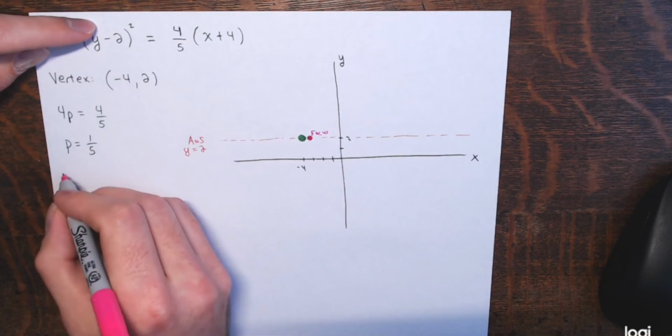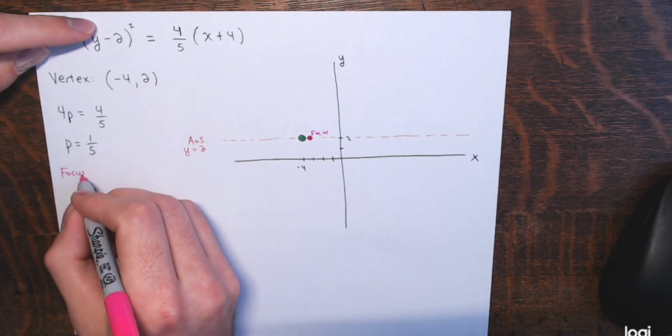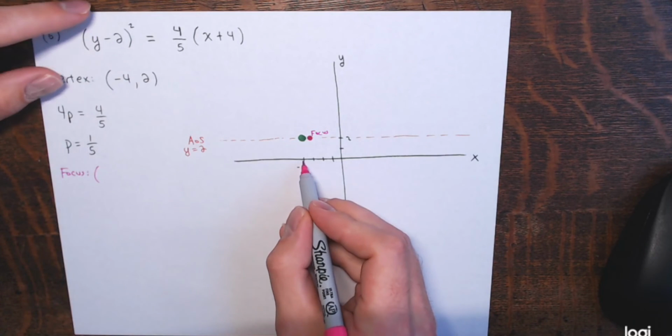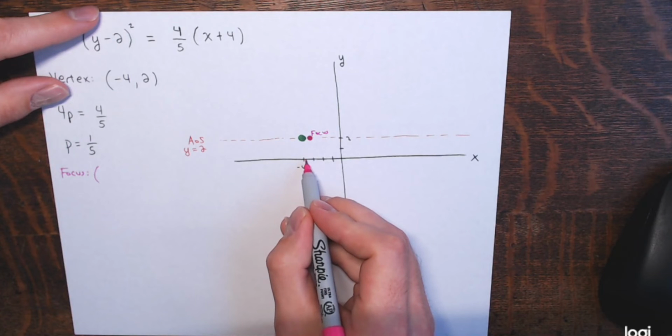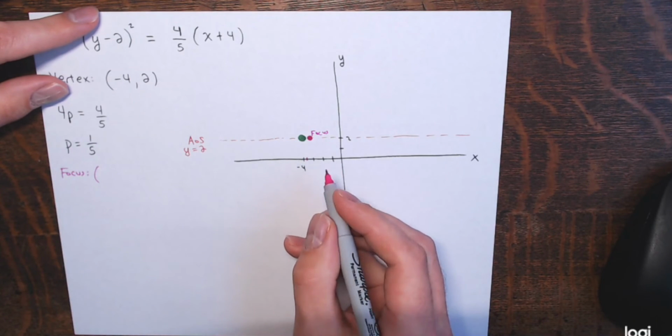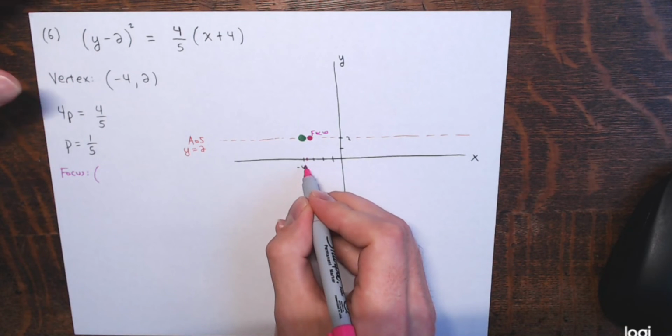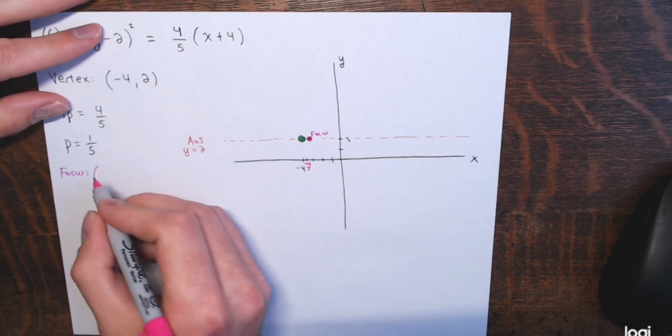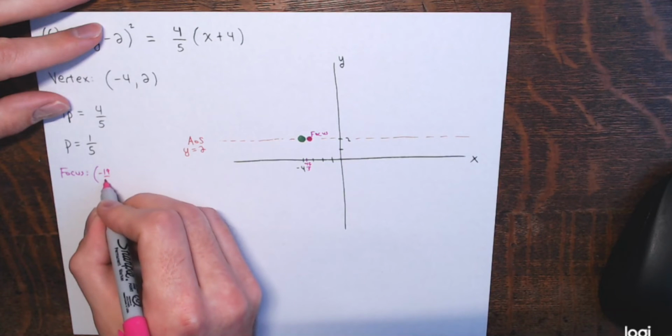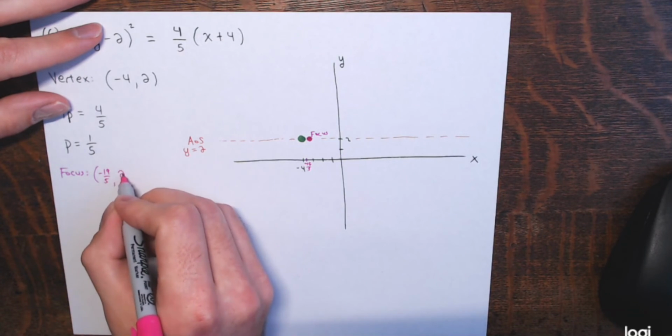So the focus would be at, this is at negative 4, 2. If I move that to the right 1/5, that's negative 20/5, so that'd be negative 19/5 for the x coordinate of the focus, and the y-coordinate is of course still 2.